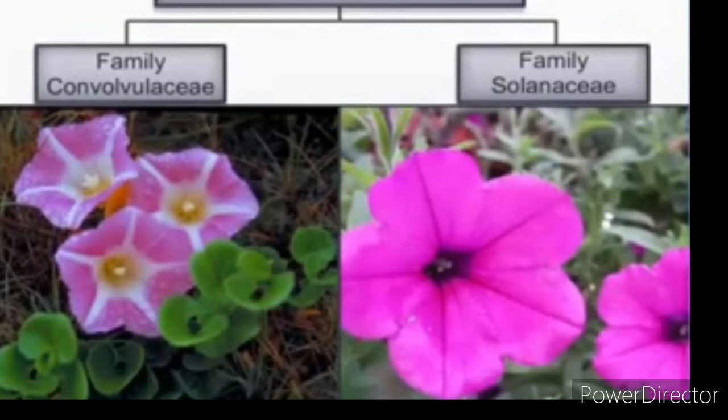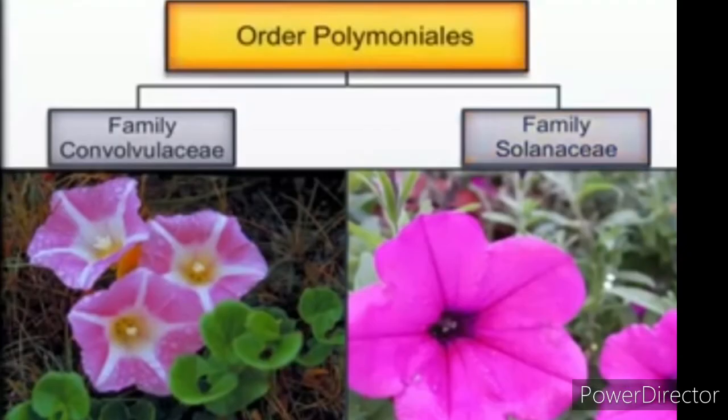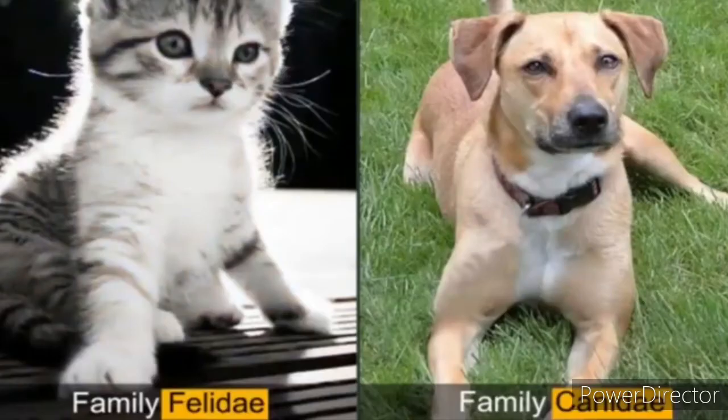The similar characters are fewer in number as compared to different genera included in a family. Plant families like Convolvulaceae and Solanaceae are included in the order Polymoniales, mainly based on floral characters. The animal order Carnivora includes families like Felidae and Canidae.